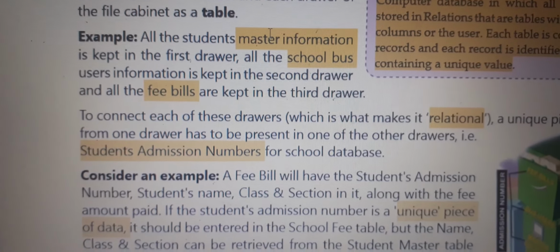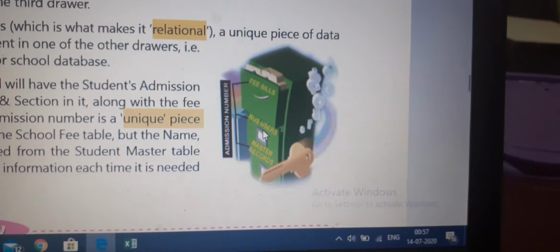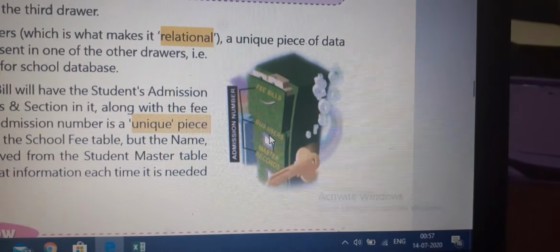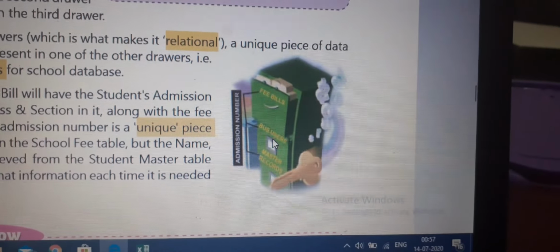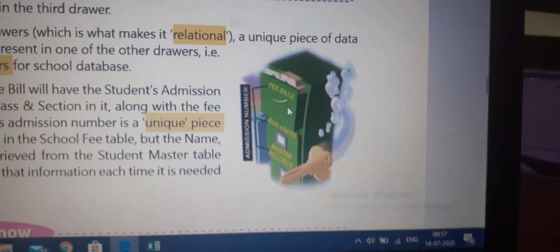Now, an example. All the student master information is in the first drawer. This is the first drawer, and in the second drawer is school bus information, and in the third drawer fee bills are kept.